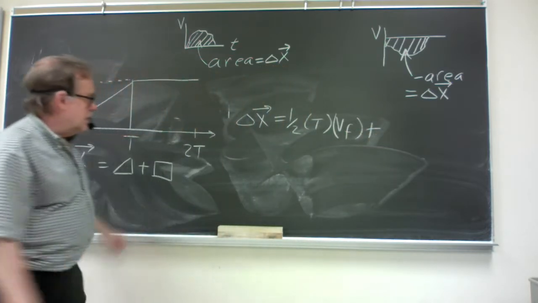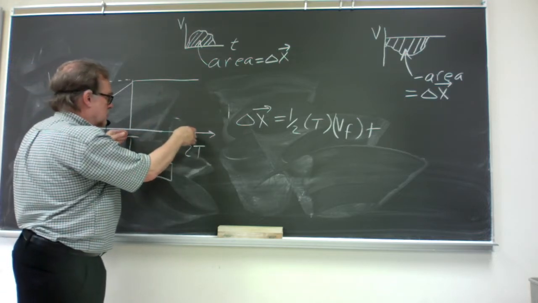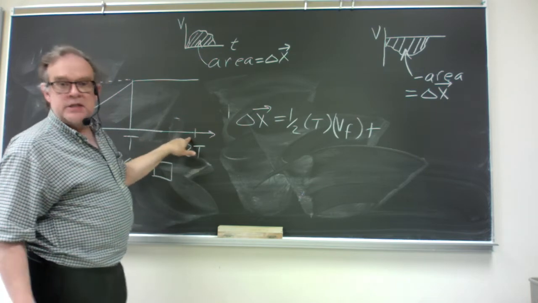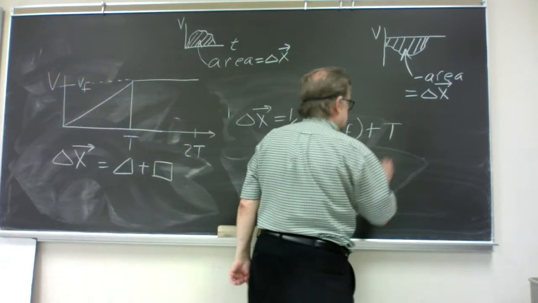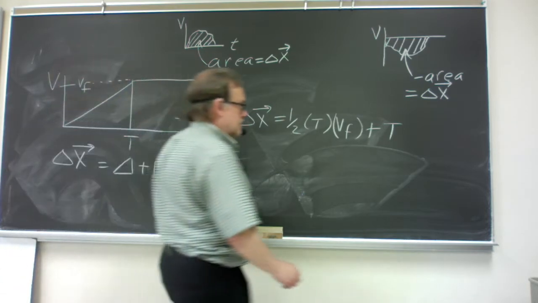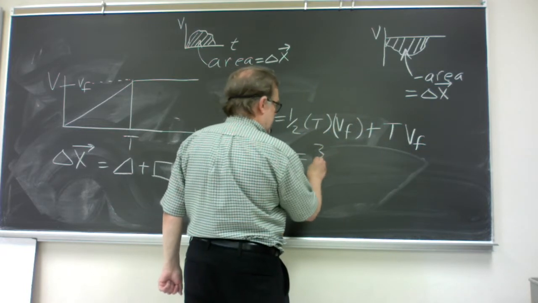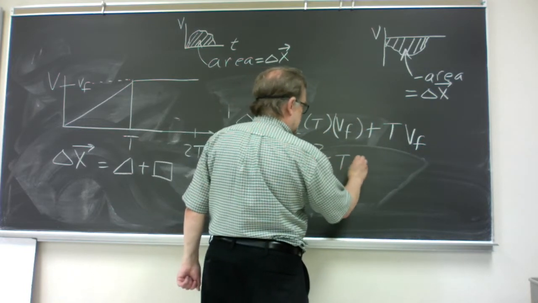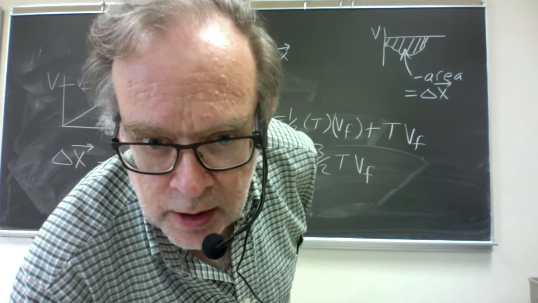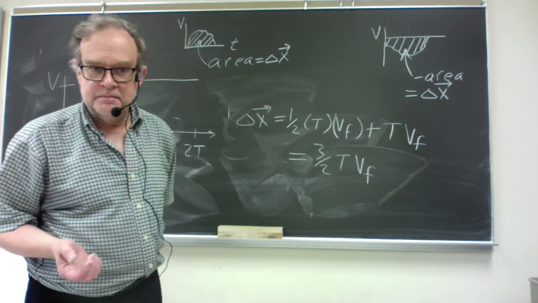And then adding the area of the rectangle, which is length times height, the length, again, is t seconds. And the height, again, is vf. So what we have for the final answer is 3/2 t vf. That's the area. That's the total displacement in this case.